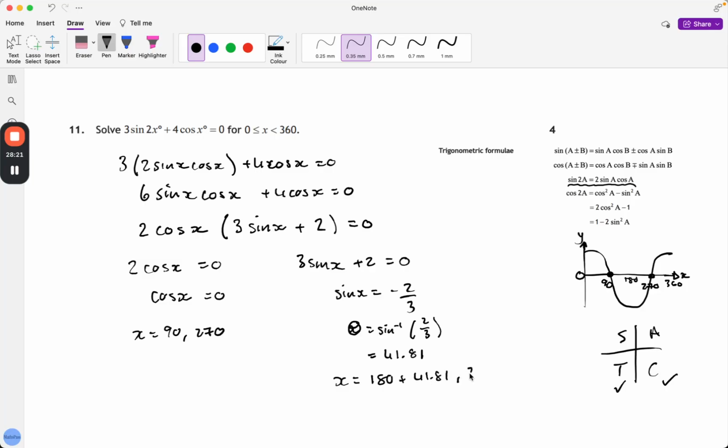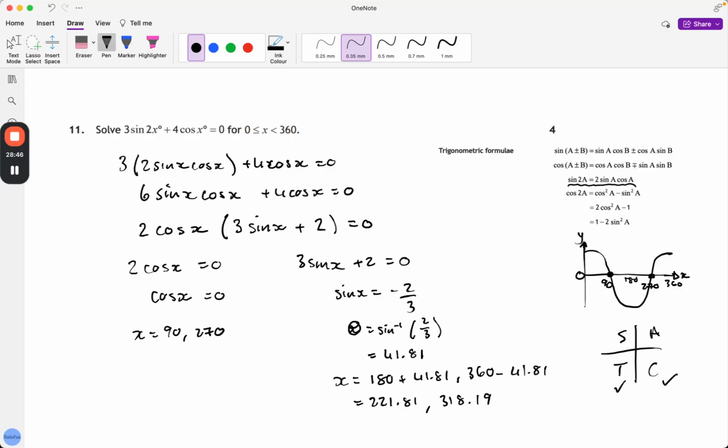And then from the cos bit, it's going to be 360 minus our 41.81. So if you do that on your calculator, you can do 180 plus your answer, and that gives you 221.81. And then for this one, if you do 360 minus 41.81, that gives you 318.19. So don't forget to use your CAST diagram.